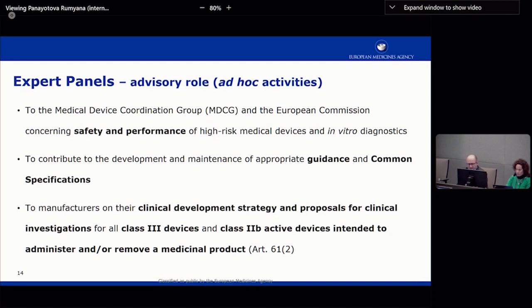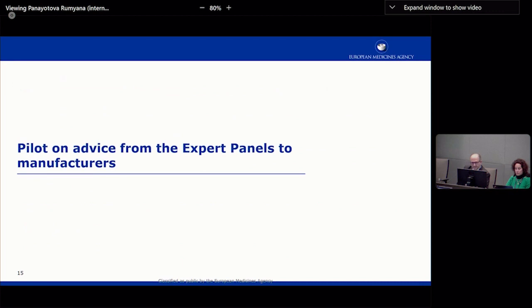They also contribute to guidance and common specifications, and they can also provide advice to manufacturers of Class 3 devices and Class 2B active devices, again intended to administer or remove a medicinal product. So the same first part of Rule 12. You've noticed that in this case, for advice to manufacturers, the remit is a little bit broader. So it's not just Class 3 implantable medical devices, it's all Class 3.